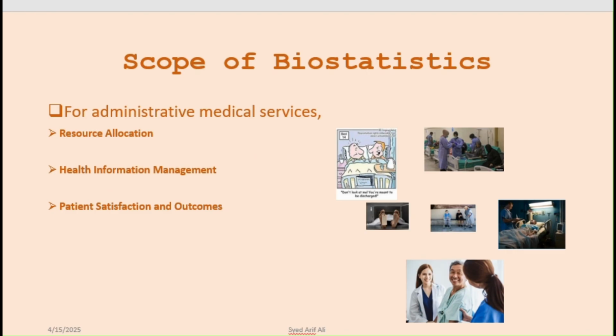For administrative medical services, the first one is resource allocation, to determine hospital stay and bed occupancy rate.